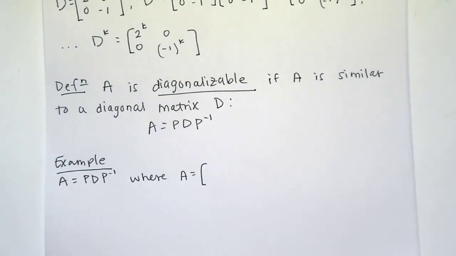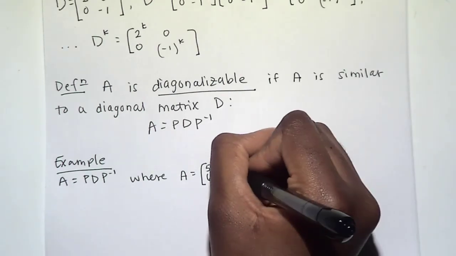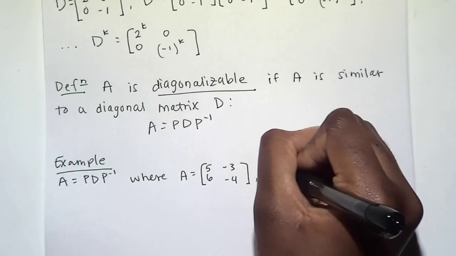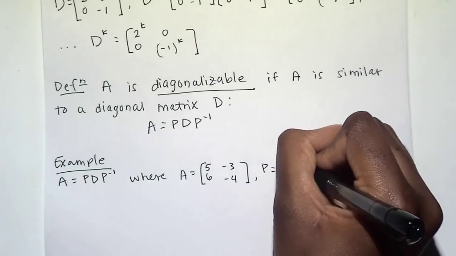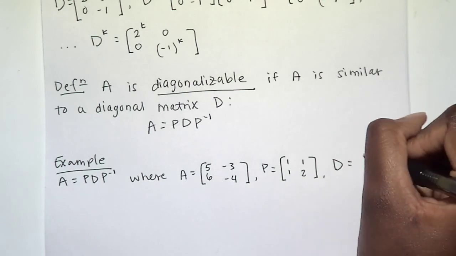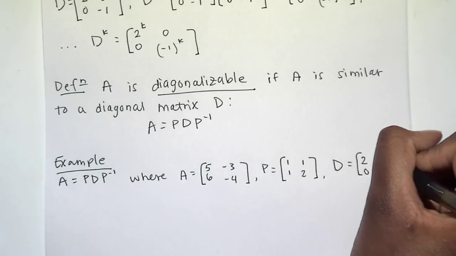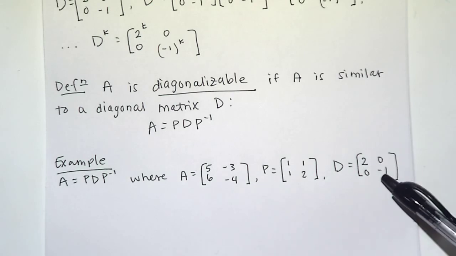Down the columns, I have 5, 6, -3, -4. P down the columns is 1, 1, 1, 2. And D, we're going to use our same diagonal matrix, 2, 0, 0, -1. So A is diagonalizable. It's similar to this diagonal matrix D.